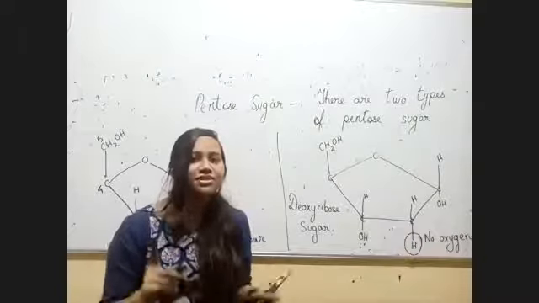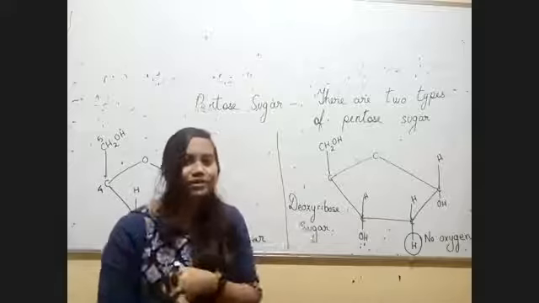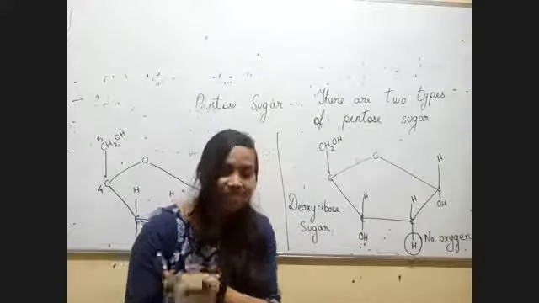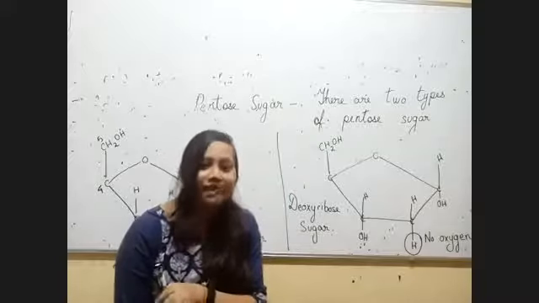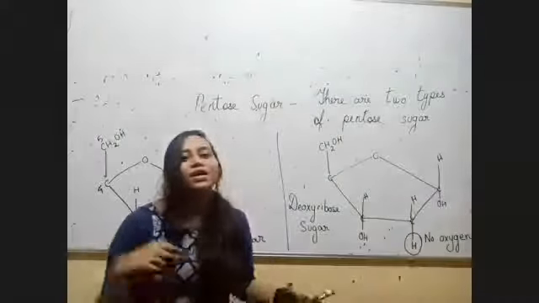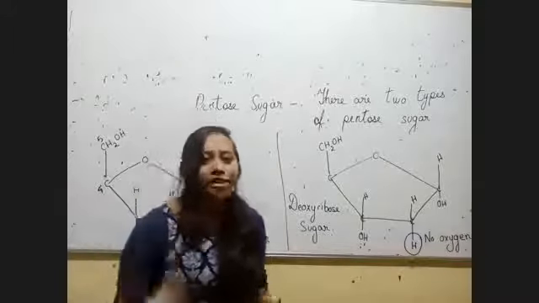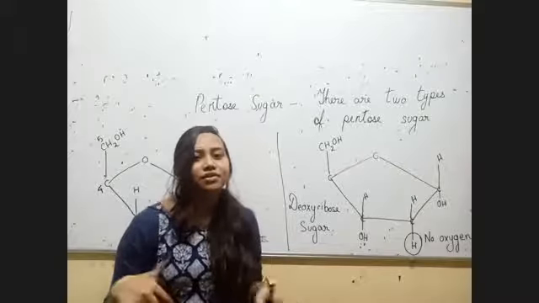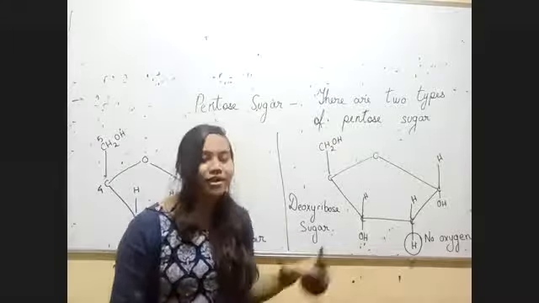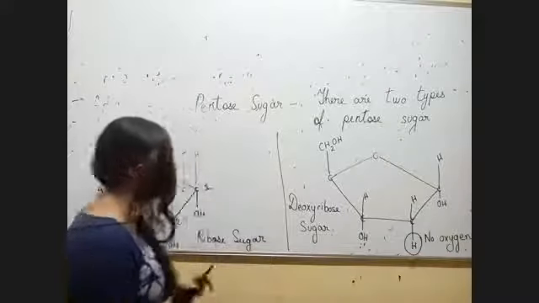First, in case of RNA the nitrogenous base is uracil, and in case of DNA, the nitrogenous base is thymine instead of uracil. Then the second difference is in case of pentose sugar. Pentose sugar in case of RNA is ribose sugar, and in case of DNA it is deoxyribose sugar.